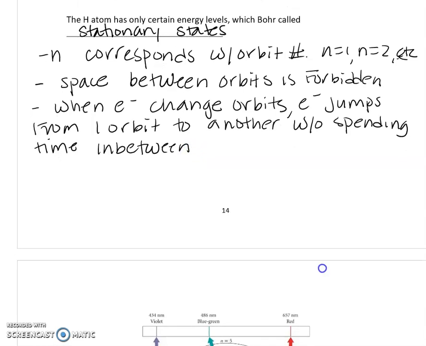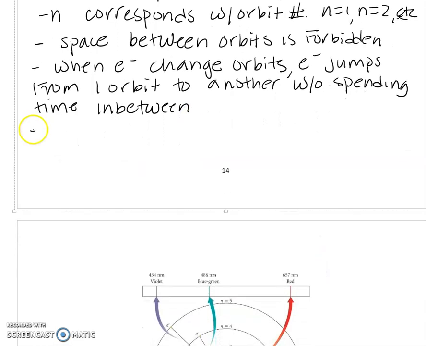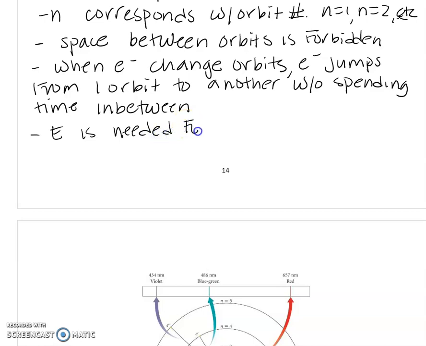Okay, and energy is needed for an electron to jump up an energy level.